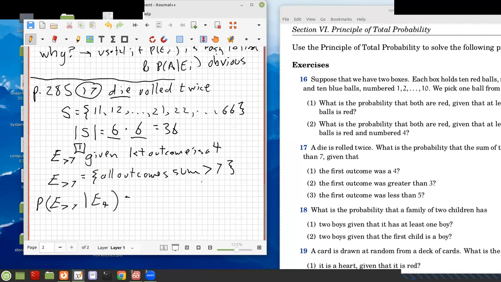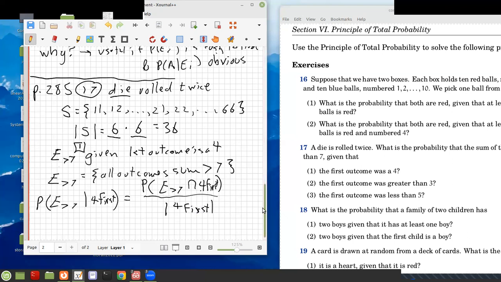Now, how is this conditional probability defined? Well, it's defined as the probability that the intersection occurs, that the sum is greater than 7 and that a 4 occurs first, over not the sample space size, but the event, the number of ways that you can have a 4 first.